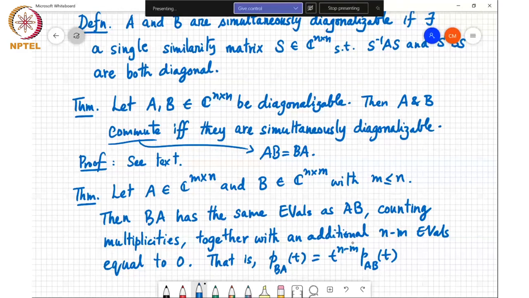Of course, the matrix BA is of size n by n, and AB is a matrix of size m by m, and m is smaller than or equal to n, and so BA has exactly n minus m additional eigenvalues on top of the eigenvalues of AB. The m eigenvalues of AB will also appear as m eigenvalues of BA, and in addition BA will have n minus m extra eigenvalues which are all equal to 0.